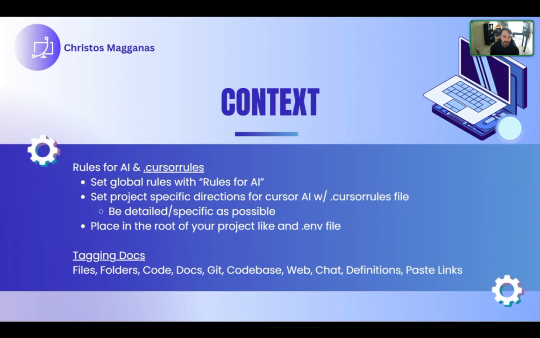So with Cursor, using these rules for AI, what you're able to do is give it some more instructions. So maybe a tone or some sort of general guidance, but where you can get really specific is when you use the cursor rules file, and we'll maybe get to that later in a demo.